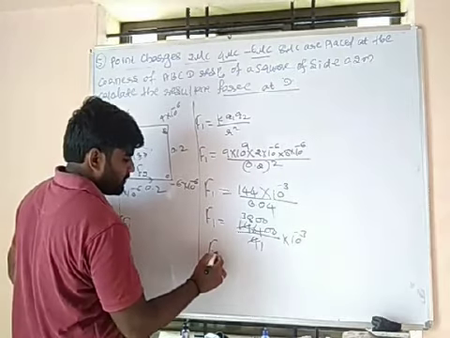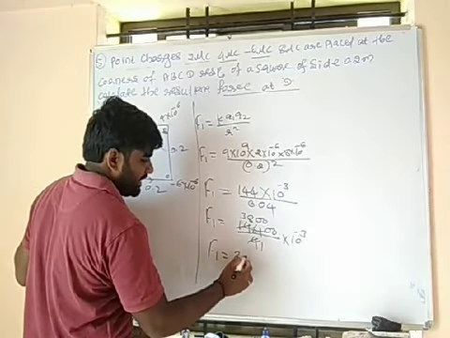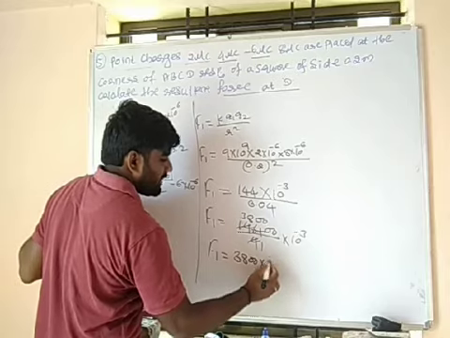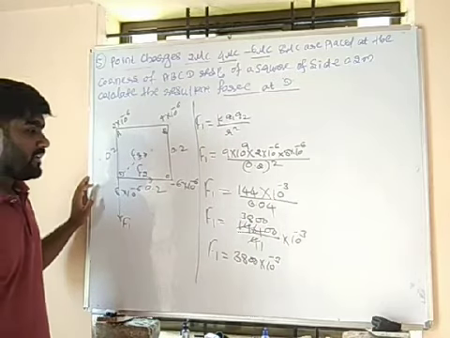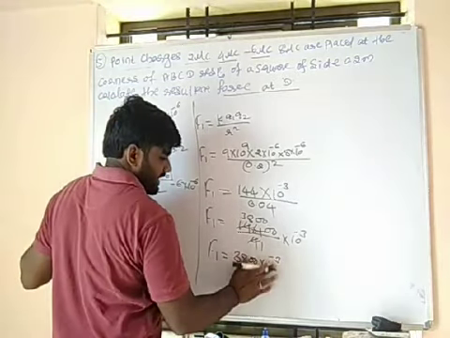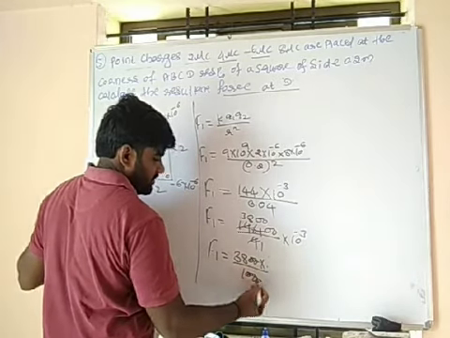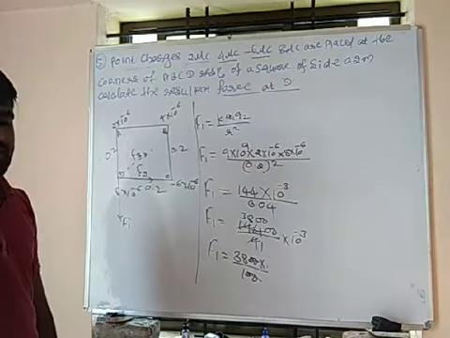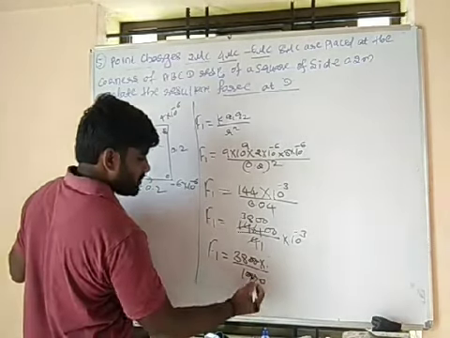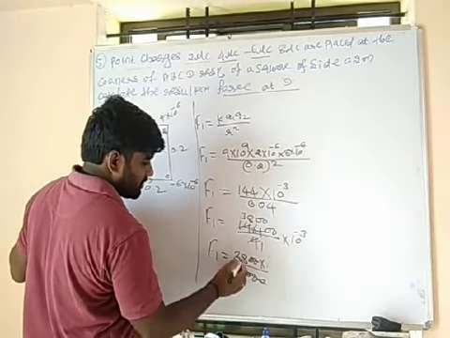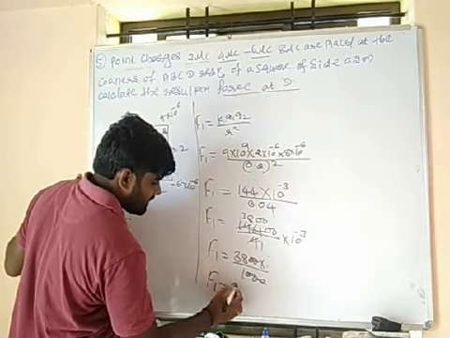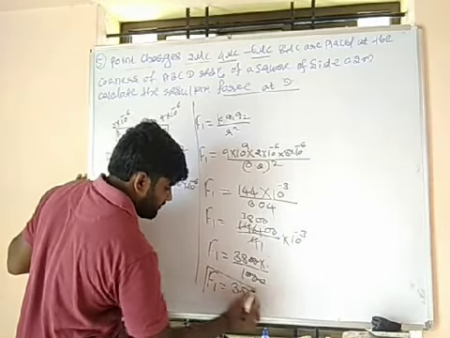So this F1 is equal to 3600 into 10 to the power 3. So this can be written as what? Divided by 1000, shall I write? It will be divided by 1000. These two cancel each other. Then F1 is equal to how much? It will be 3.6.